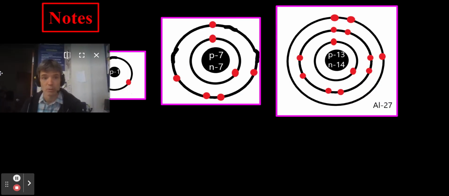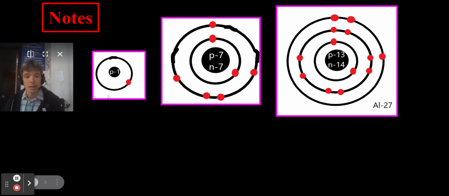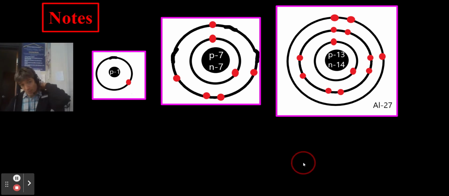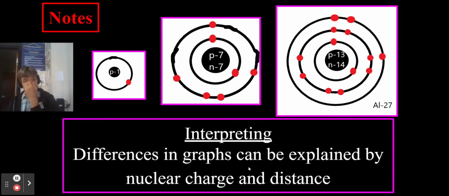The next piece that's important: we've got three different elements here, hydrogen, nitrogen, and aluminum. Any differences in the graphs you can explain by nuclear charge and the distance of the electrons to the nucleus. Not necessarily the radius, but the distance the electrons are. And I'll go over an example.